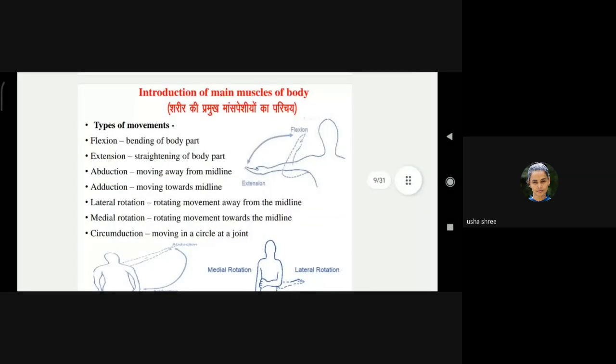Now, introduction to main muscles of the body. Here we are going to learn about the movements. In the last classes, you were getting confused about these movements. Now, we will learn about these movements.